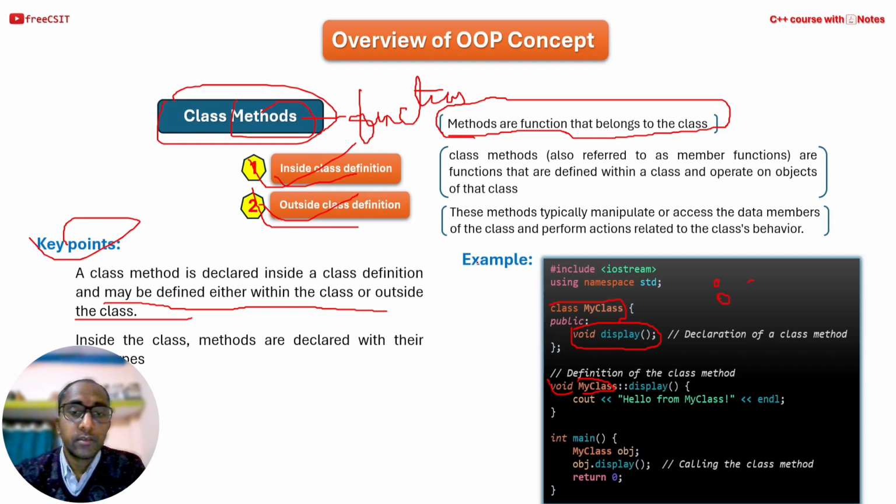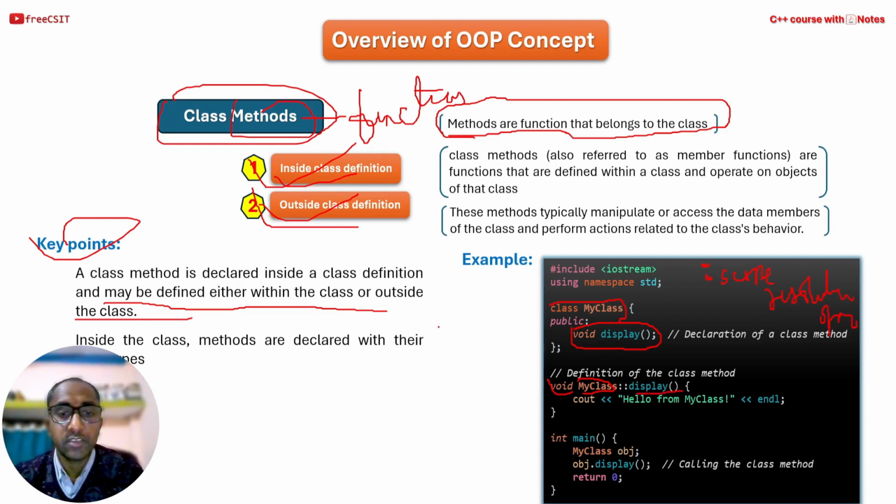This is the definition of the class method: void my class, and the scope resolution operator, the double colon.